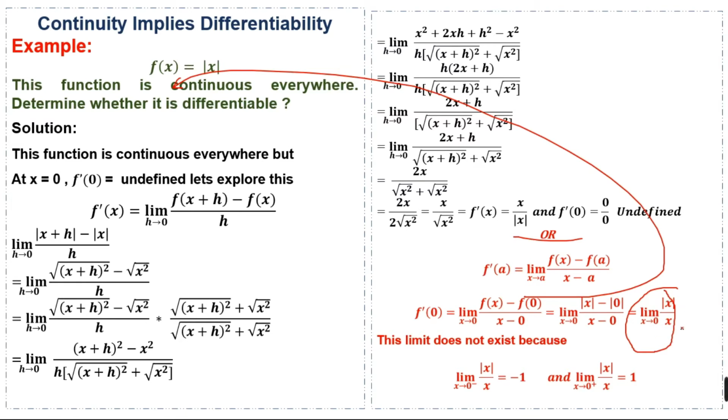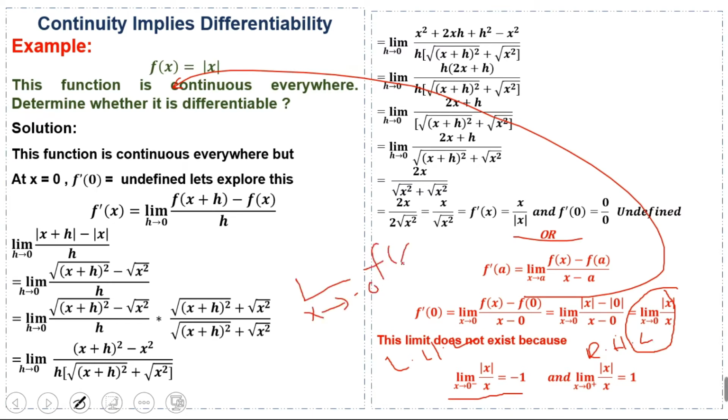When we apply the left limit and right limit, we get different values, that is -1 and +1. This is the left hand limit and this is the right hand limit. Both are not equal. The limit as x approaches 0 from the left of f of x is not equal to the limit as x approaches 0 from the right of f of x.